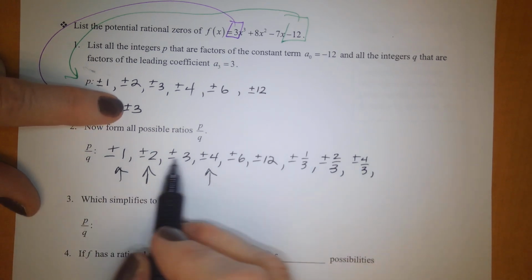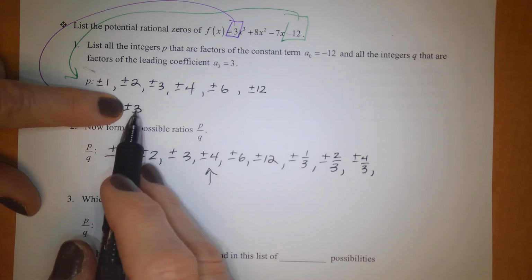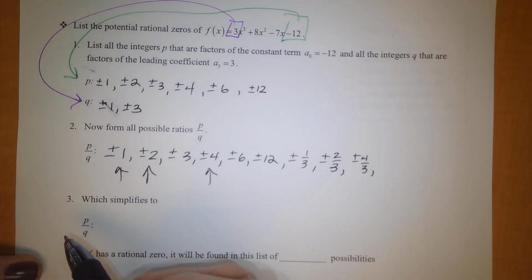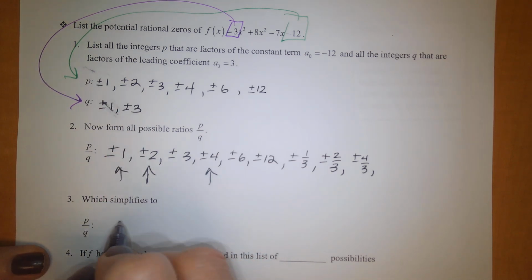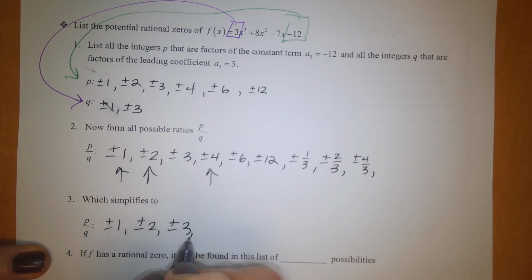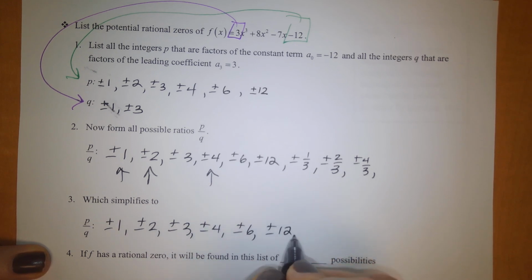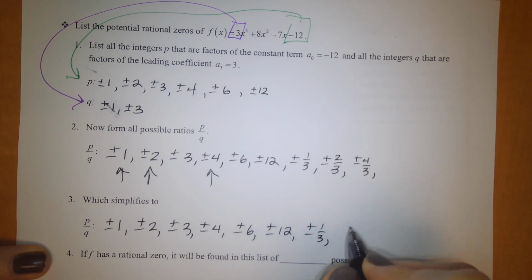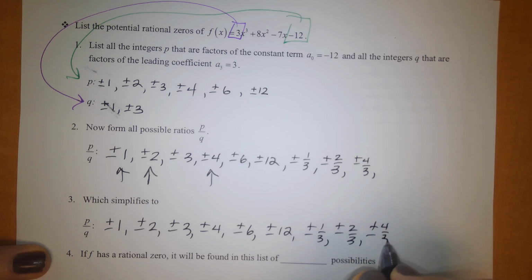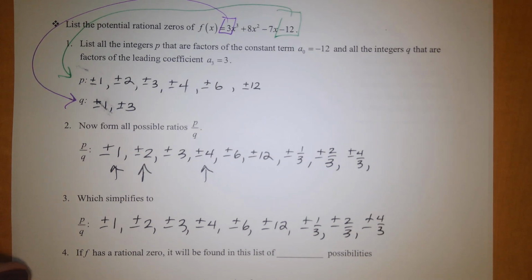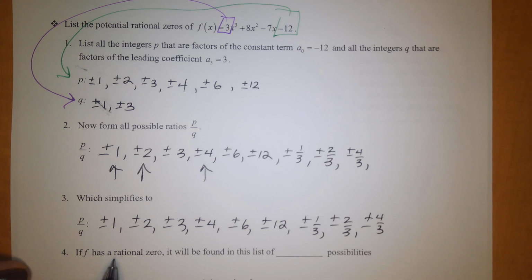So these are all the possible ratios of p divided by q. All of these simplify down to 1, 2, 3, 4, 6, 12, 1/3, 2/3, and 4/3. If f has a rational zero, it will be found in this list.